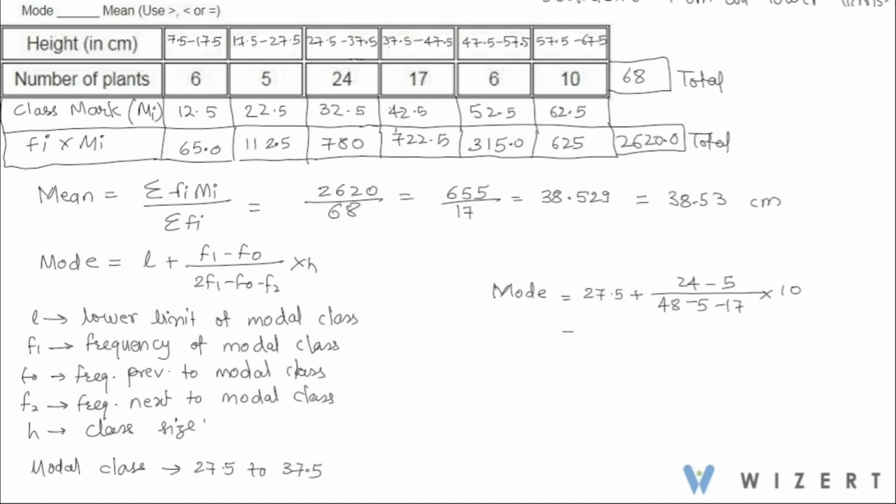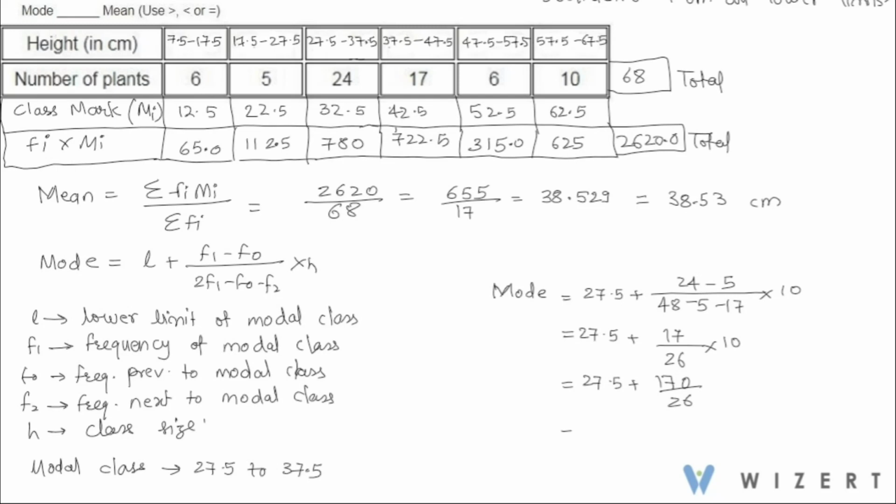So we have 27.5 plus 24 minus 5 is 19 divided by 48 minus 22, which is 26, into 10. So we have 27.5 plus 190 by 26.